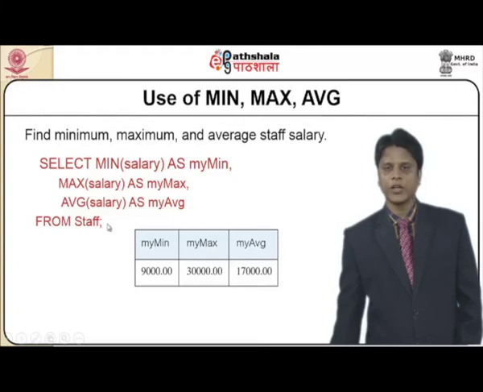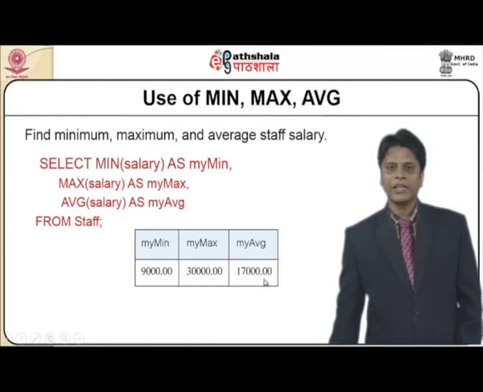So it creates 3 columns: my min, my max and my average. The first shows the least salary available in the staff table. The second shows the maximum salary a person gets in the staff table, and the third takes all the salaries available in the table, takes an average, and presents it here.